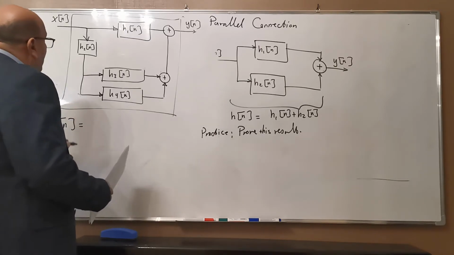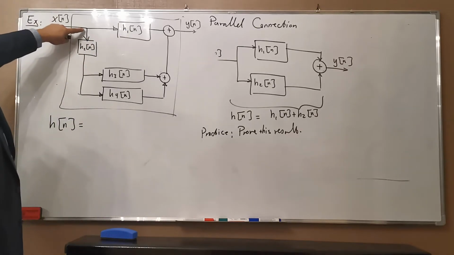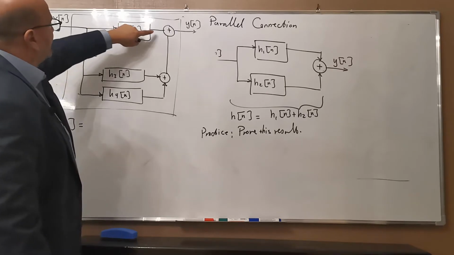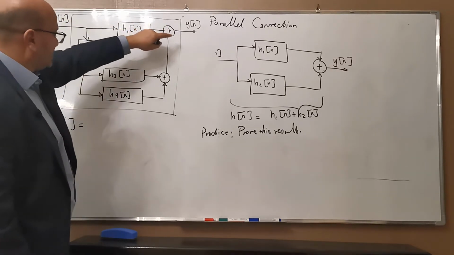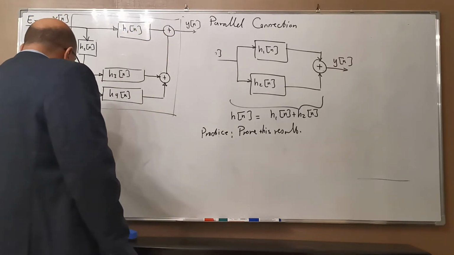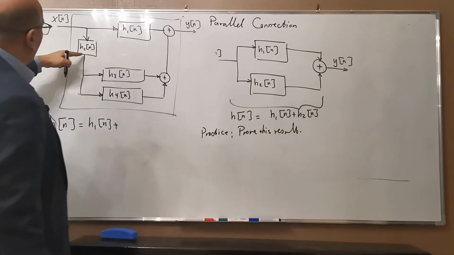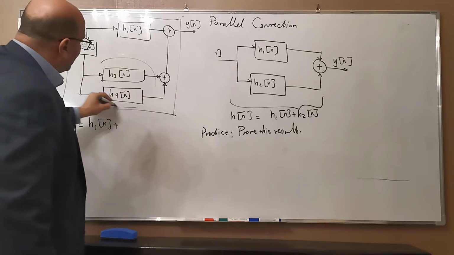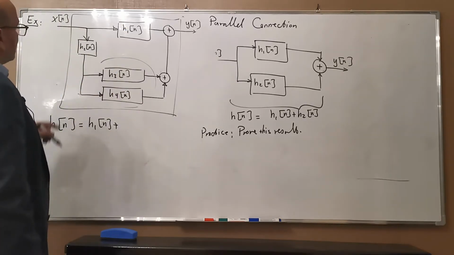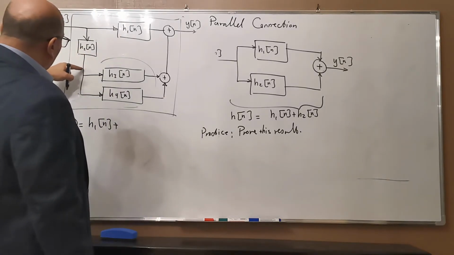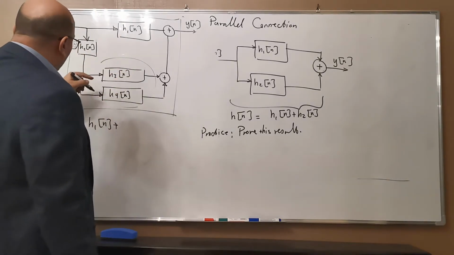So our h of n here is equal to, notice that here you have h1 directly related between x and y, so this is our h1 of n plus you have h2 cascaded with the summation of those two, which goes to the addition and is added to h1.